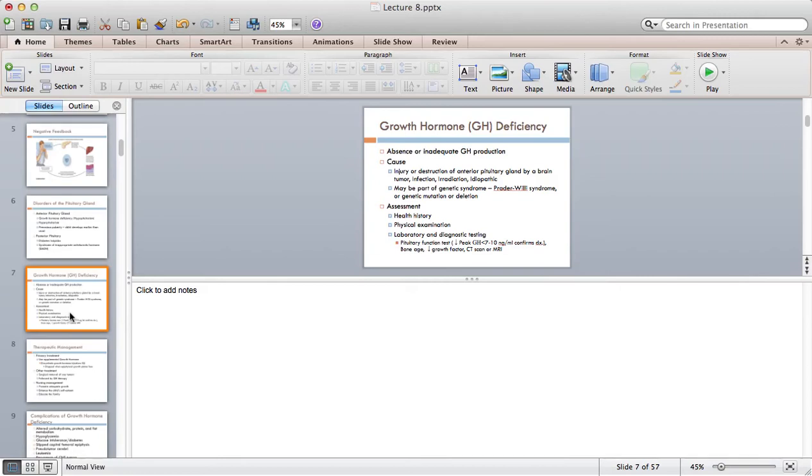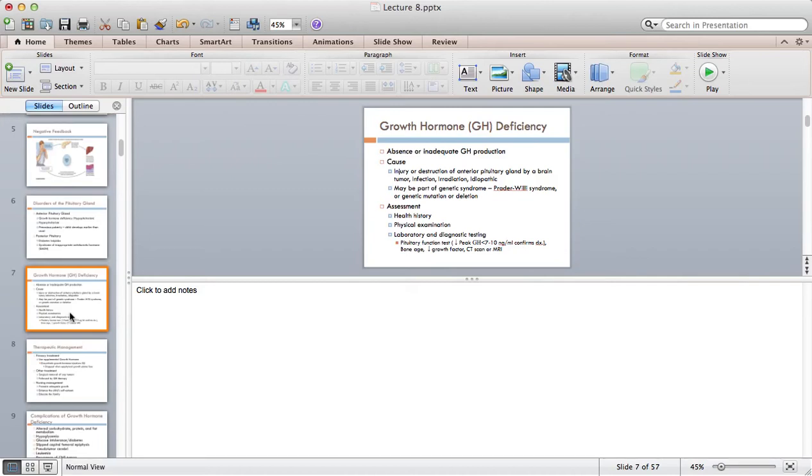Or some of them may be genetic. But quite a few of them have no specific cause that has been associated with them. But that is just a disorder, that is just low secretion of the growth hormone.